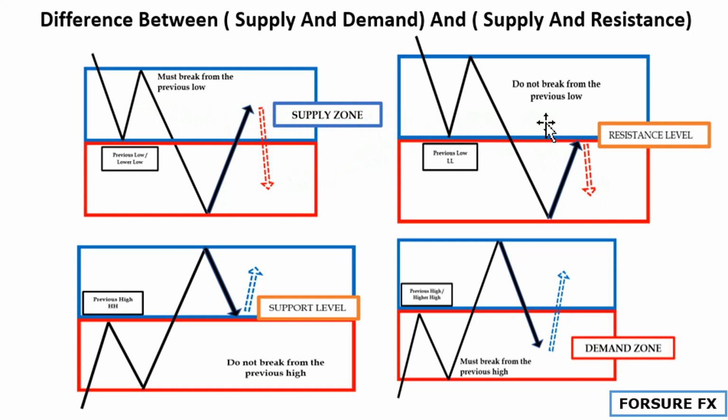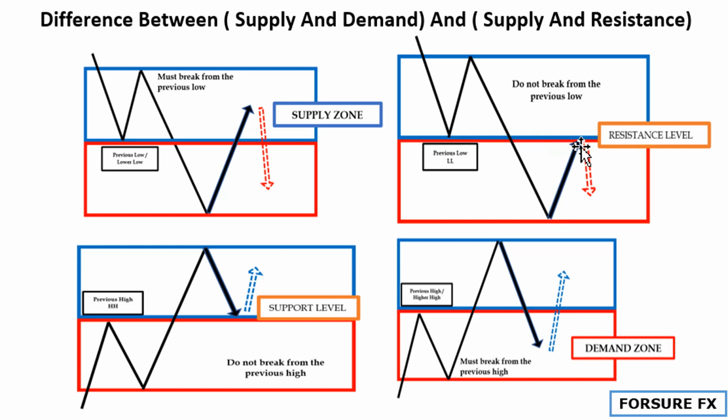So for the resistance level, we have what? I say here, it does not break the previous low. This is the previous low, and this is the price moving to it and creating a pullback. What you observe is that it doesn't break the previous low.